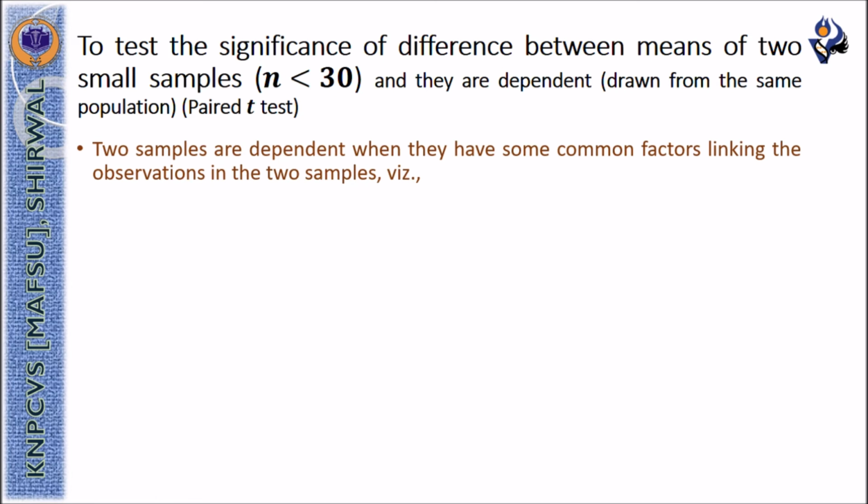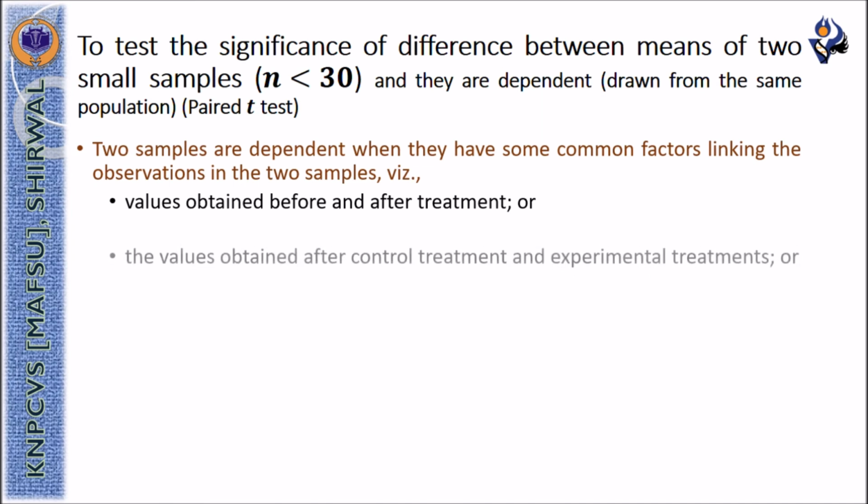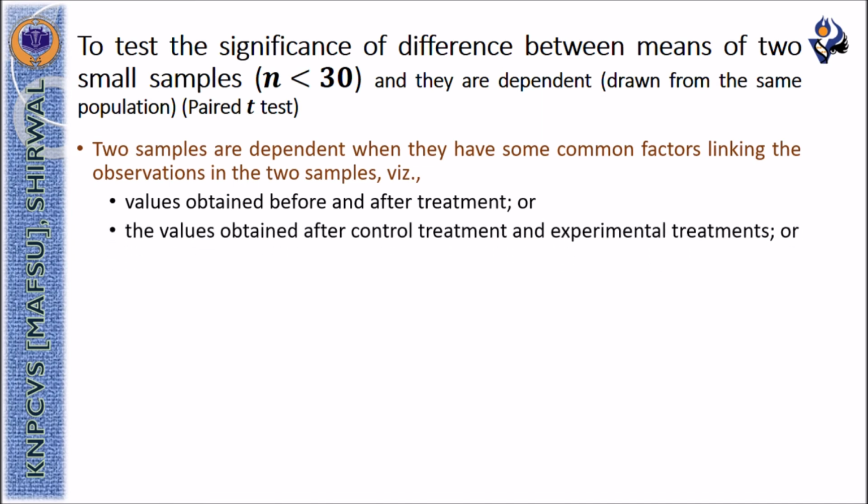Two samples are dependent when they have some common factors linking the observations in the two samples. For example, the values are obtained before and after the treatment, or the values obtained after controlled treatment and experimental treatments, or the values obtained at two different periods.